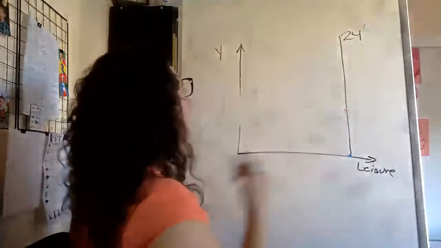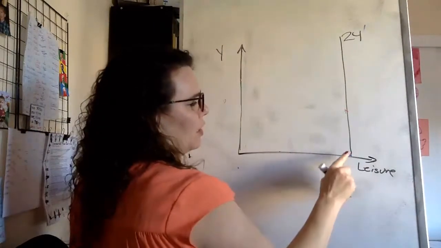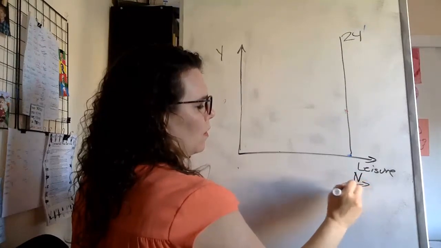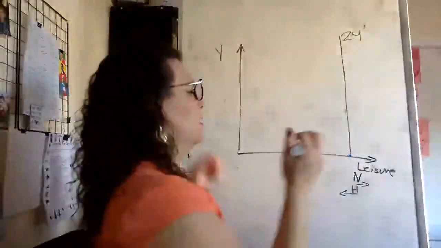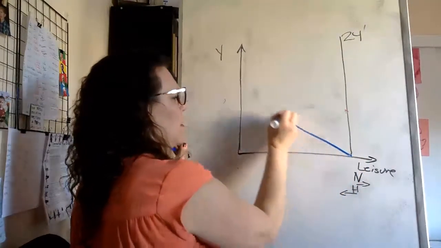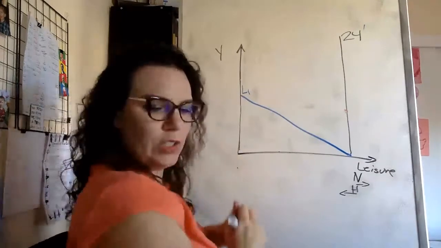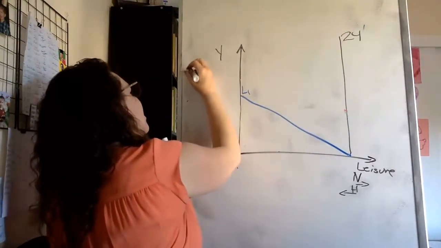So we've got the same situation here where we've got consuming leisure or work. And we've got some initial budget constraint, L1, and our individuals are going to consume Y at a price of $1 per unit.